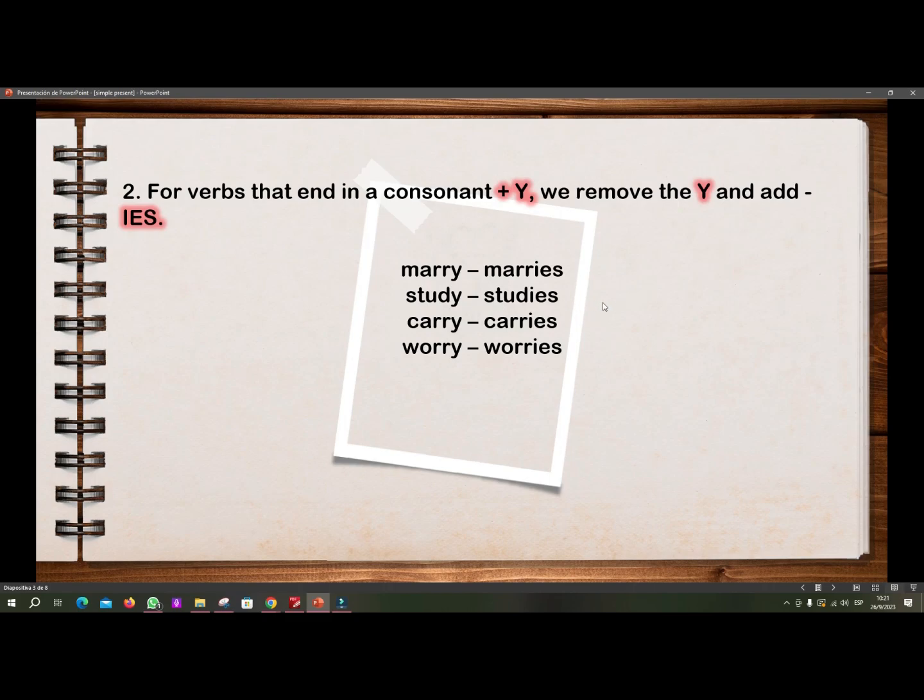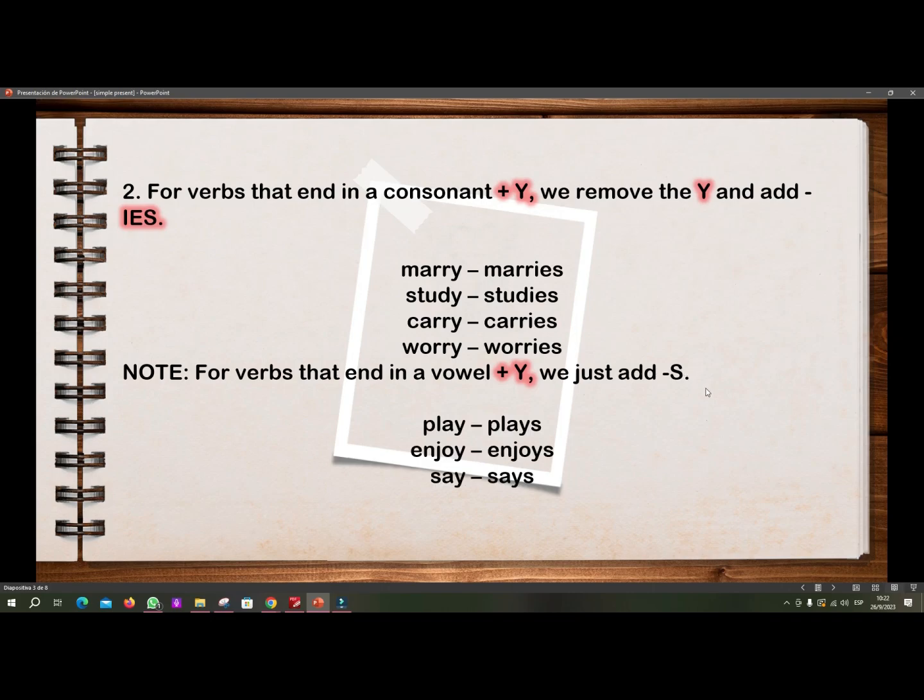Study, studies, right? Note, for the verbs that end in vowel plus Y, we just add S. Es lo contrario a la segunda regla. Cuando ustedes tengan una vocal antes de una Y, solamente van a agregar S. For example, play, plays, enjoy, enjoys, say, says, right?